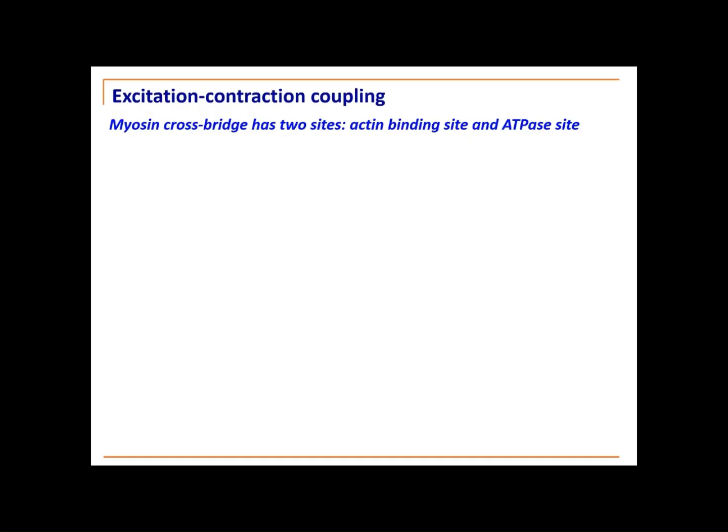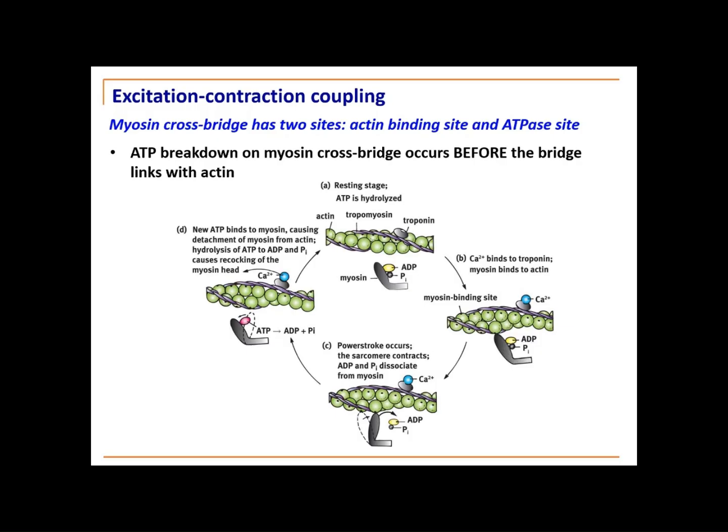So we've already said the myosin crossbridge has two sites. It's got the actin binding site that we've talked about, but it's also got an ATPase site. So in other words, it's involved in breaking down ATP to ADP and phosphate. ATP breakdown on the myosin crossbridge occurs before the bridge links with actin. So really, in the resting stage you've got ATP.